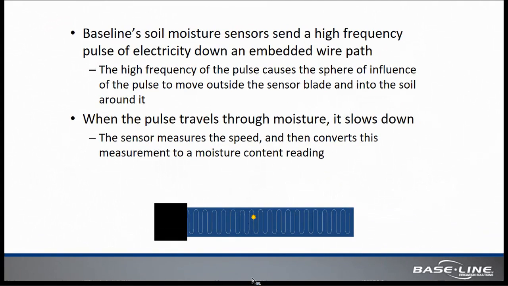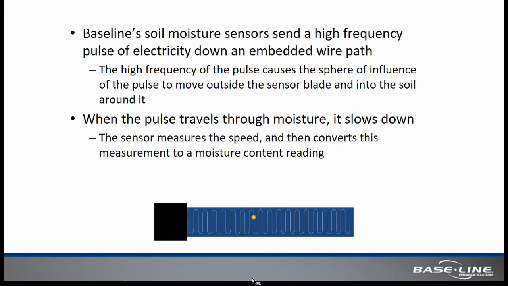The way the sensor works is there's an embedded wire path in the sensor blade where a pulse of electricity is sent through that wire path, and we measure how long it takes to travel the wire path. And the high frequency pulse of electricity that we send down that wire path has a sphere of influence that extends outside the blade and gets into the soil structure.